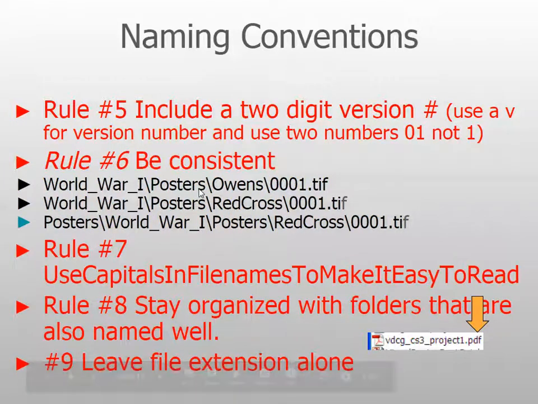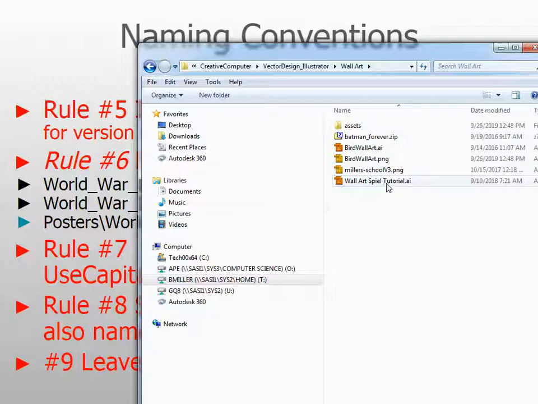All right, naming conventions. Rule number 5, include a 2-digit version number. So whenever you're working on something, you should save it, and after a couple of days, you should save that as version 001, and then V002. So for example, if this thing was version 2, I'd come after it, and I'd say, okay, let's name this V02.